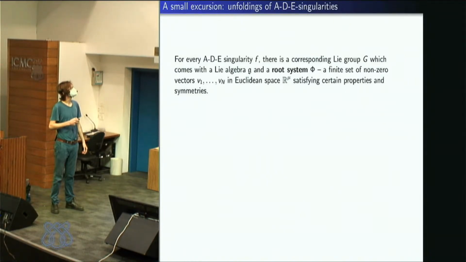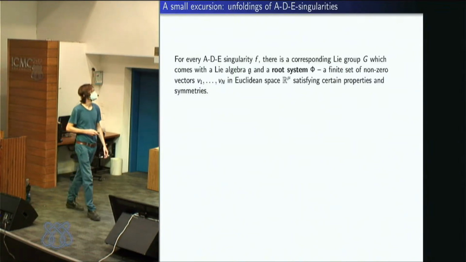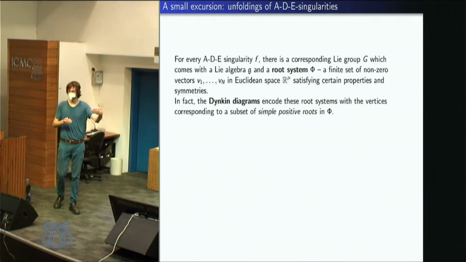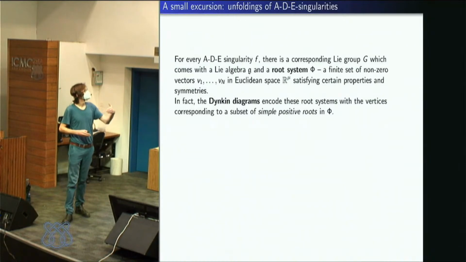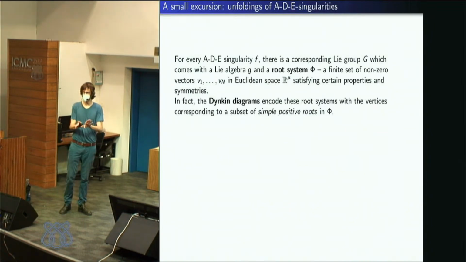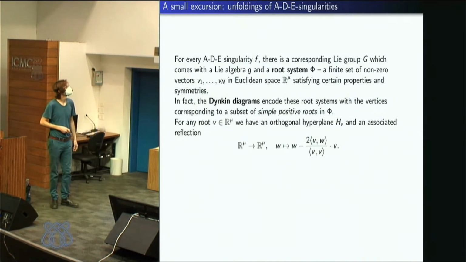So this is a finite set of non-zero vectors in a real vector space, in a Euclidean vector space, satisfying certain geometric properties and symmetries. And in fact, these well-known Dynkin diagrams encode these root systems with vertices corresponding to simple positive roots, as they are called, and edges according to the angle of their relative positions.